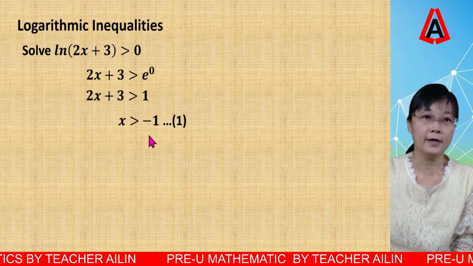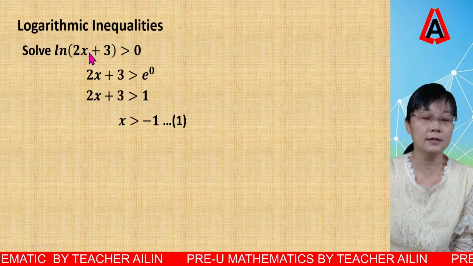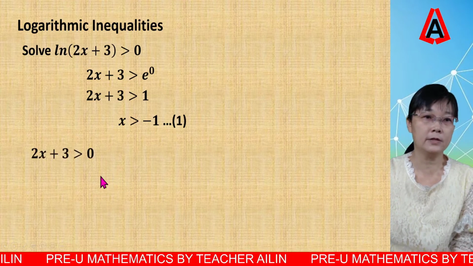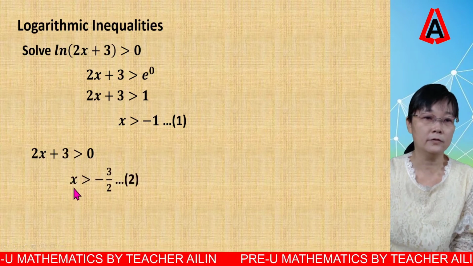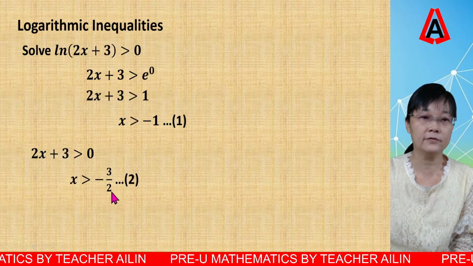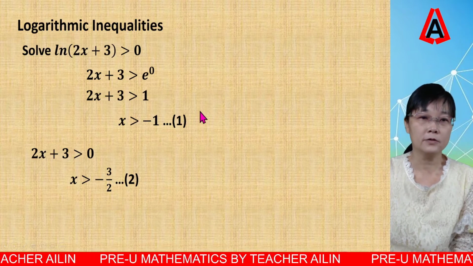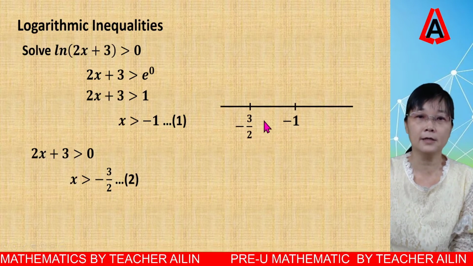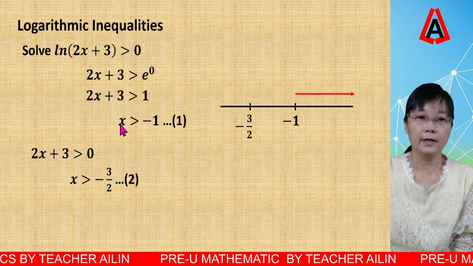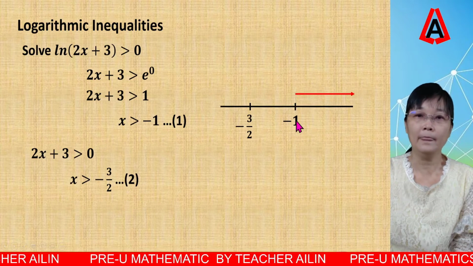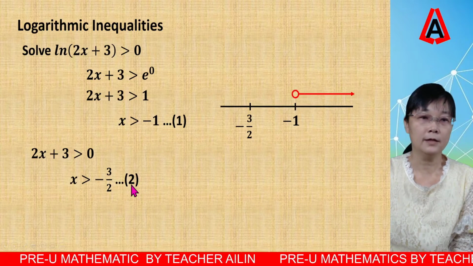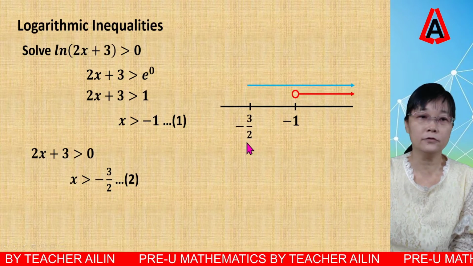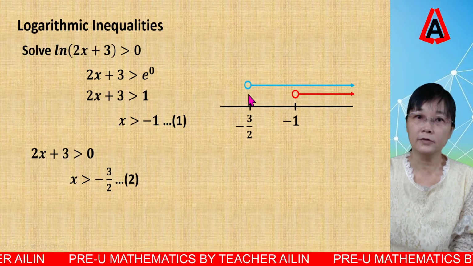And this is not the final answer because we need to consider the logarithm function where 2x plus 3 must be greater than 0. Now we know that x must be greater than negative 3 over 2. Then I'm going to combine these two ranges of values of x in order to get the final answer. So from the number line, x is greater than negative 1 but not including negative 1, and for the second, x is greater than negative 3 over 2 but not including negative 3 over 2.